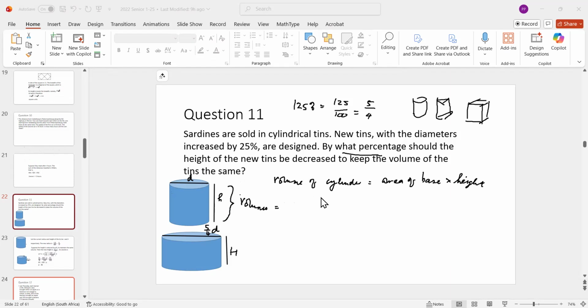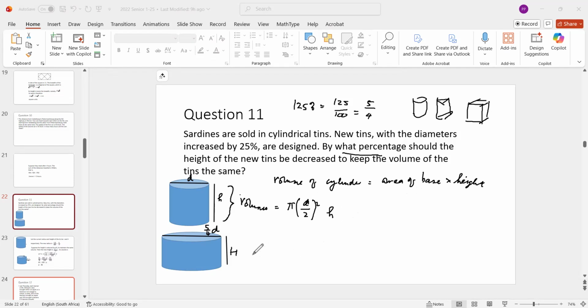That's a nice formula. So the base area is pi. Now, I don't have r, I've got diameter, right? But r is actually equal to half the diameter. So we'll put d over 2. That's your r. That's your pi r squared. That's the area of the base times height.